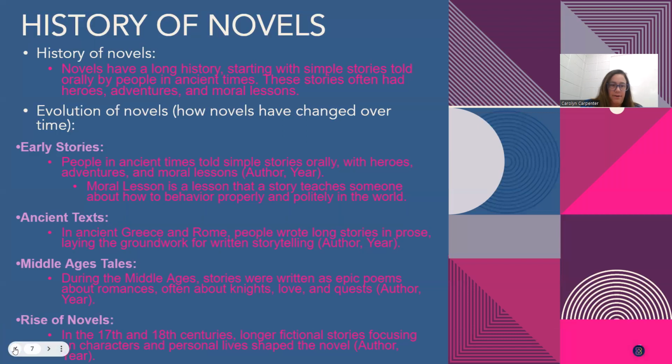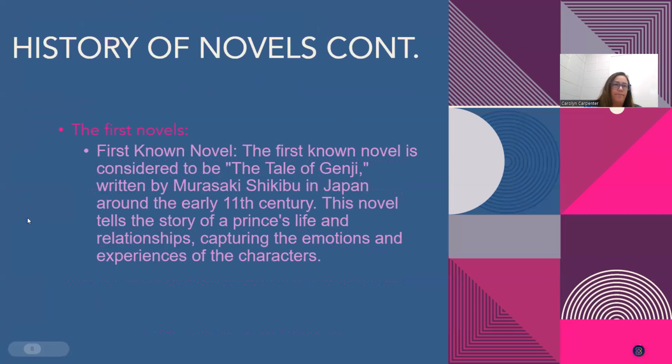Okay, and then we have the rise of the novels. So in the 17th and 18th century, longer fictional stories focusing on characters and personal lives shaped the novel. So that is how the novel started. Okay, the first novel that is known is called The Tale of, I'm going to say this wrong, Genji.